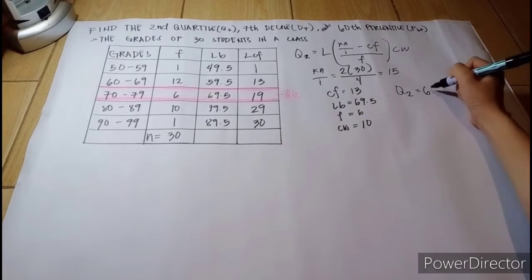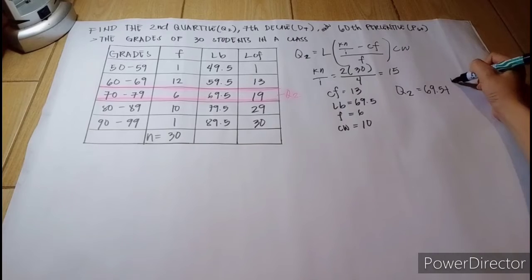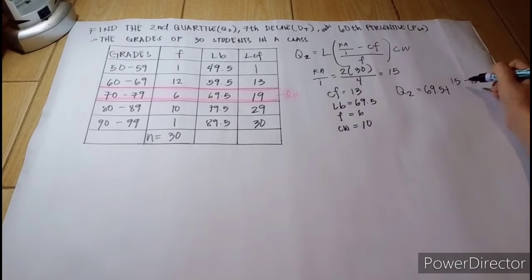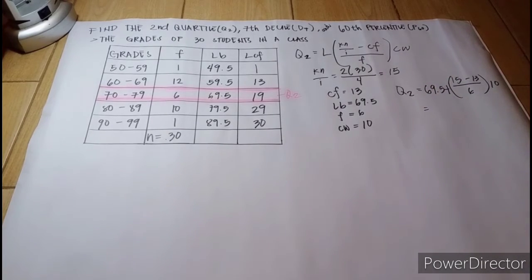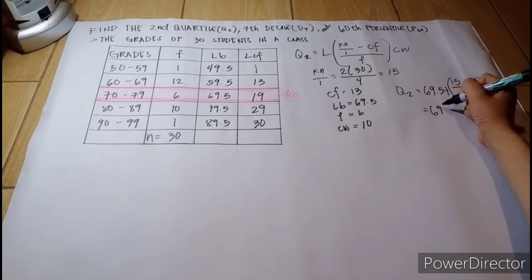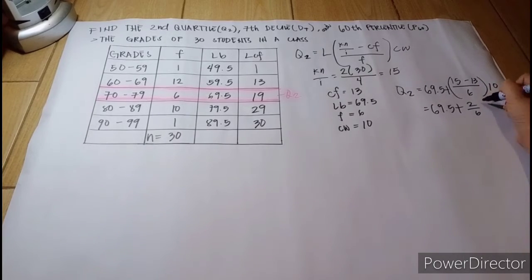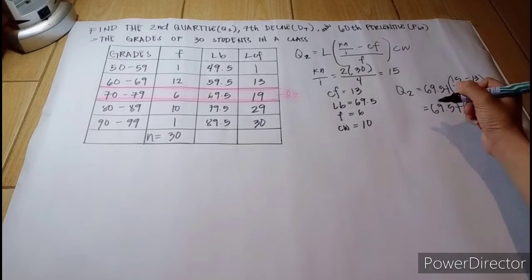Lower boundary 69.5 plus 15 minus 13 over 6 times 10. First, we solve the value inside the parentheses. So 69.5 plus 15 minus 13, that is 2, over 6 times 10.